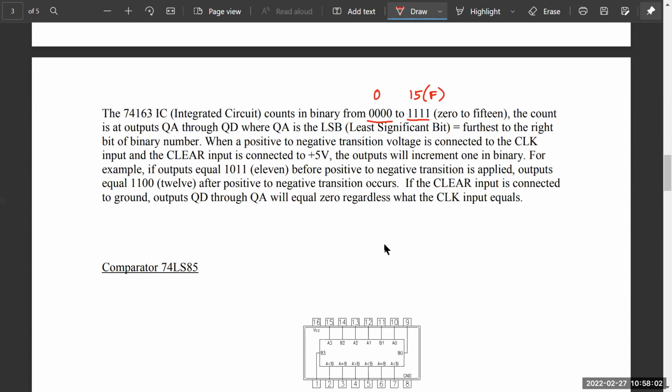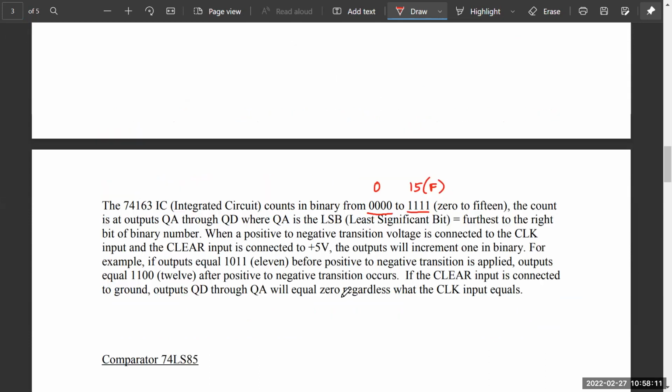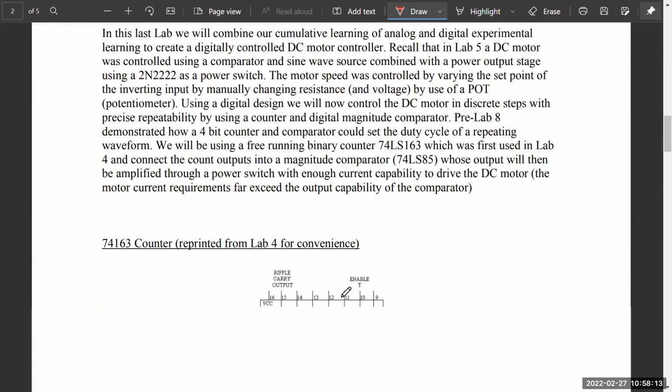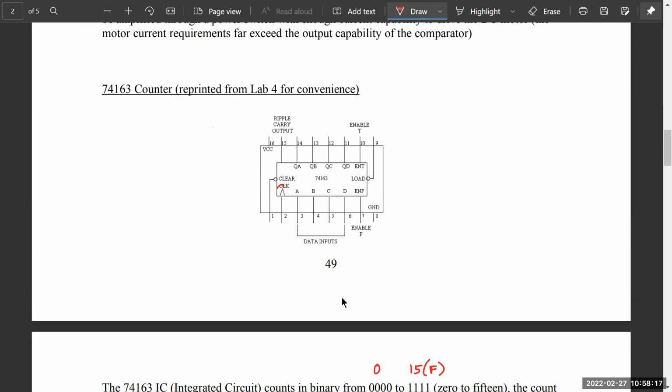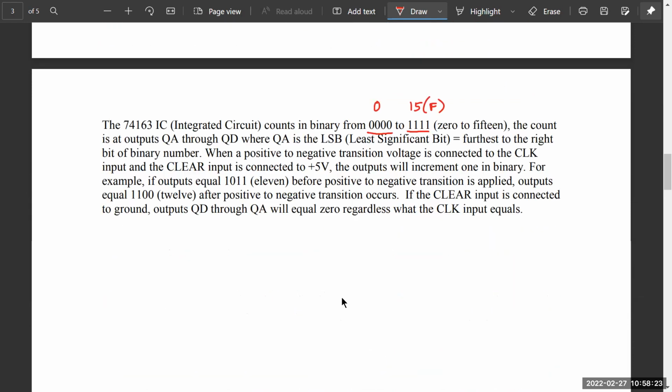Now if you look at the counter, it is positive edge triggered. Let's see, the clock is right here, and it seems it should be positive edge triggered.